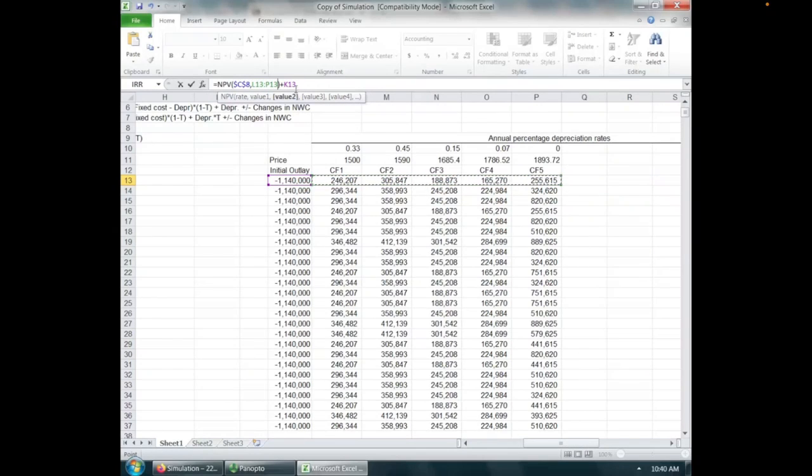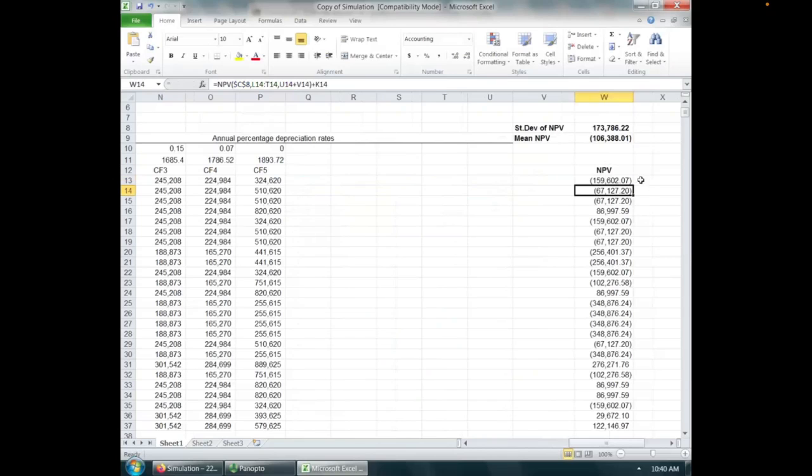And then you add the initial investment outside of the bracket separately because, as you know, if you include it in the function, it will discount it as well. We don't want that. So that's why we add the initial investment outside the bracket separately. And there you have the NPV of the first iteration.